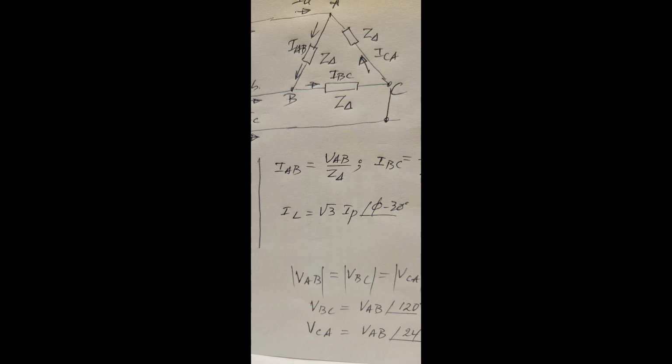It is well known that the angle between the line current and the phase current is always 30 degrees in a balanced delta connection.